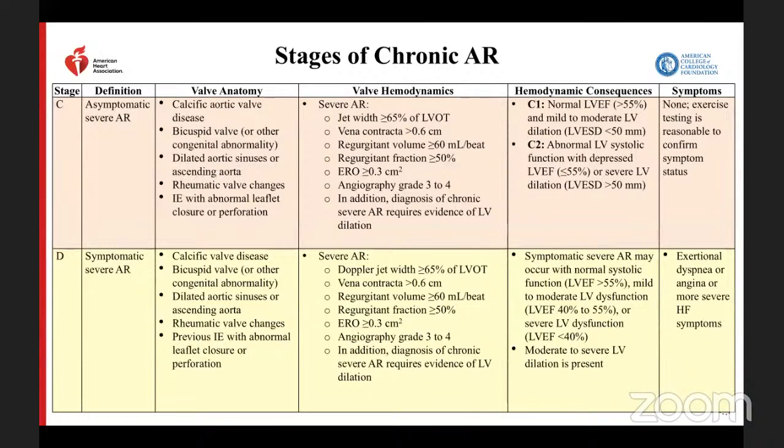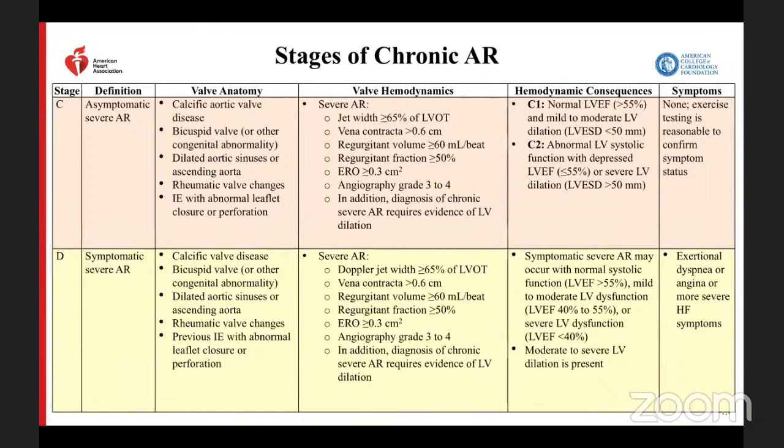Stage C is asymptomatic severe aortic regurgitation. The patient may have calcific aortic valve disease, a bicuspid valve or other congenital abnormalities, and may have dilated aortic sinuses or ascending aorta. All of these are risk factors for developing asymptomatic severe aortic regurgitation, along with rheumatic valve changes and infective endocarditis with abnormal leaflet closure or perforation.